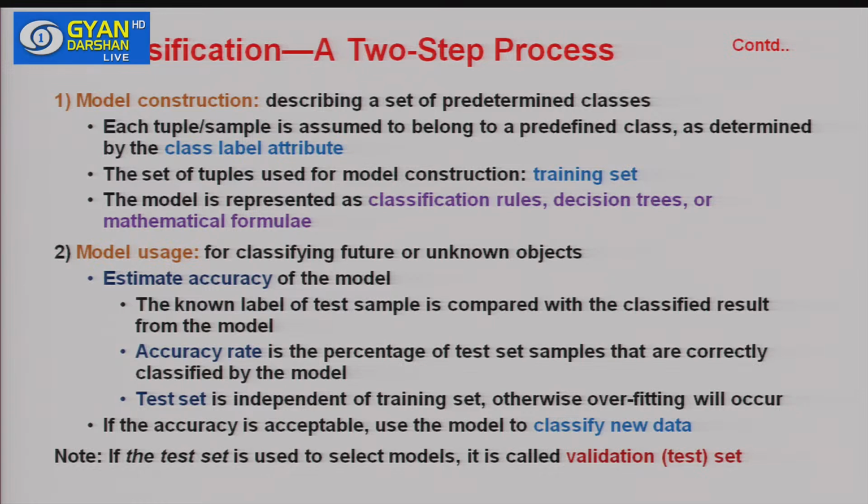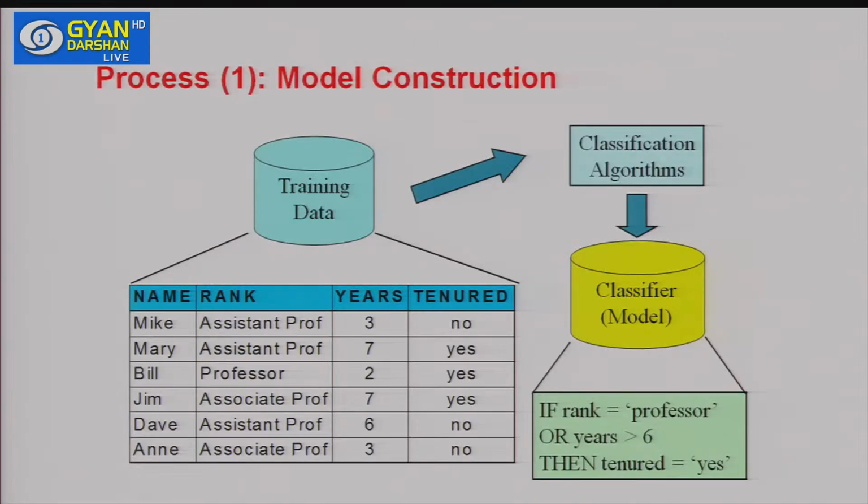The higher the percentage, the better the model you are building. If a model gives you 80 to 90% accuracy, that is somewhat better. Based on the test data set, we evaluate the model.